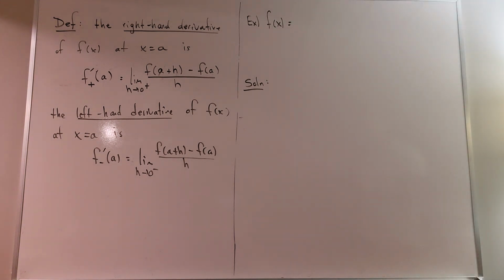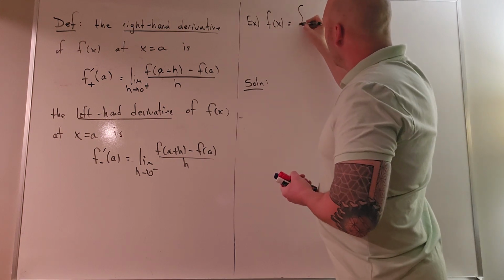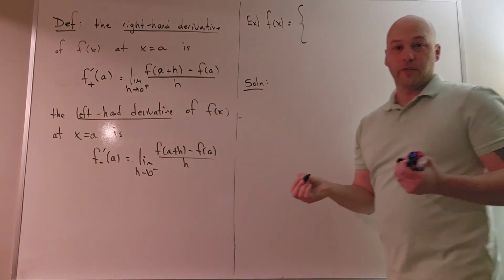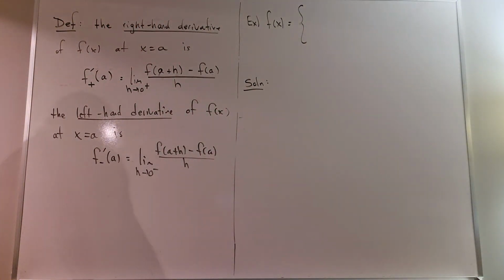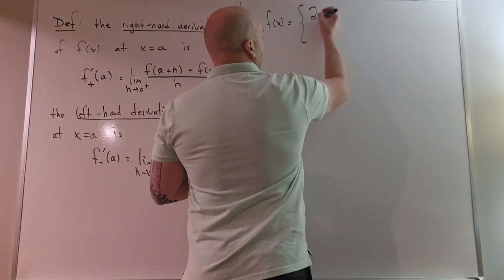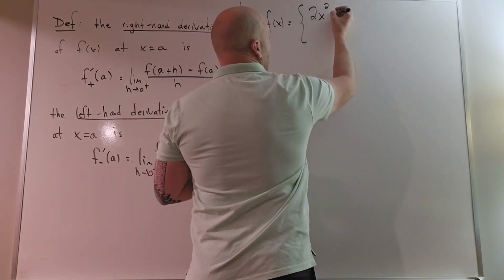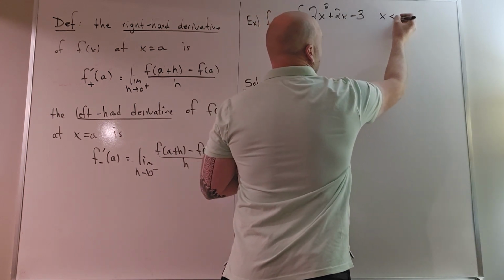Another typical example is to compute the derivative from the left and the right where you're given a piecewise function. Okay, so an absolute value function, of course, is a piecewise function. But this one is going to be written more explicitly as a piecewise. So 2x squared plus 2x minus 3 if, say, x is less than 1.